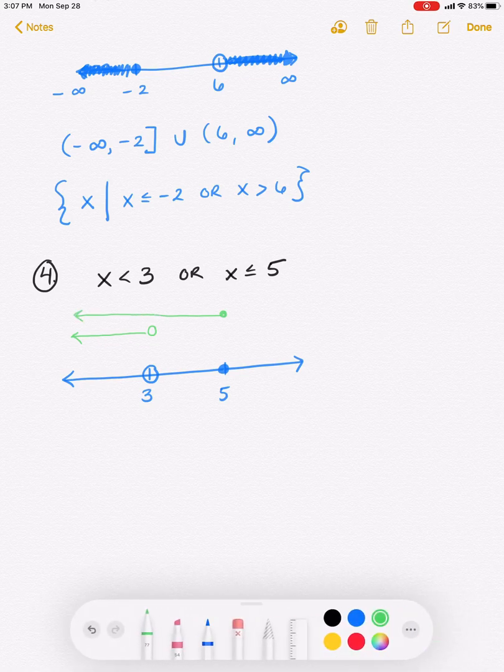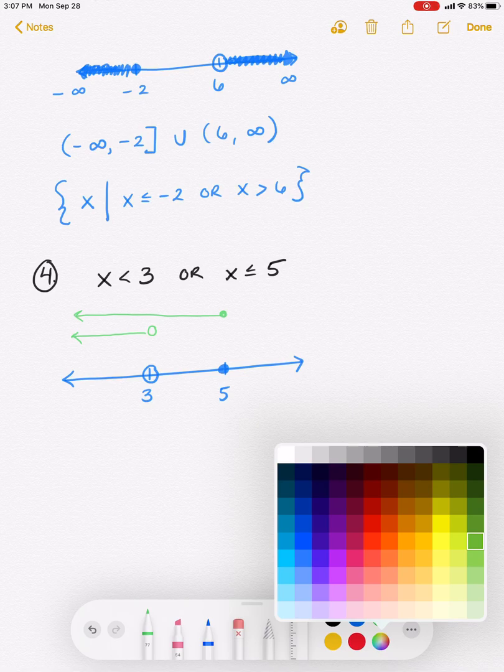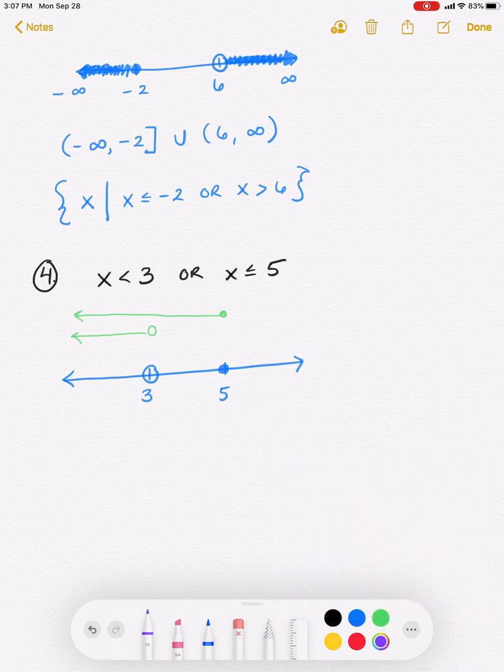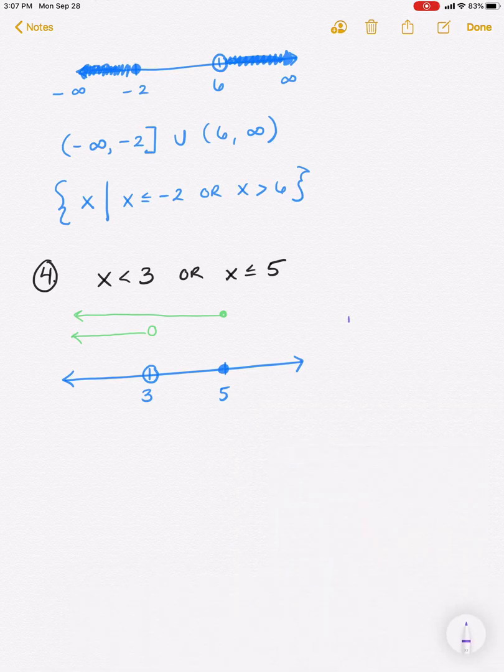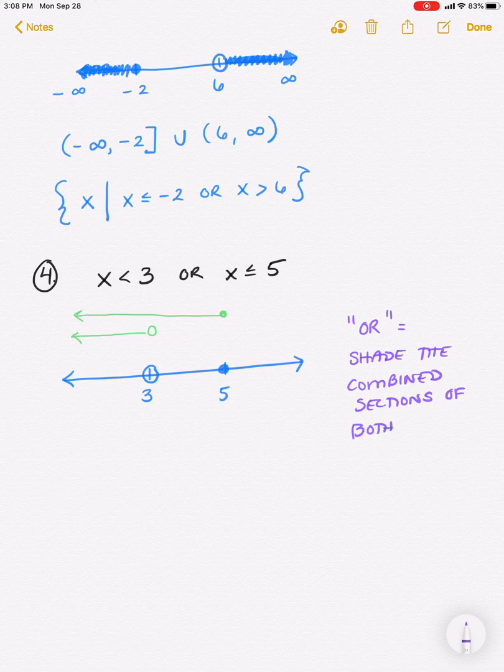And to know which part to shade, we have to understand how to shade the or inequalities. Your or inequalities, you shade the combined sections. Okay, I'm going to write this out. Shade the combined sections of both inequalities. Okay, so it's not just the overlap, you're actually shading both inequalities.